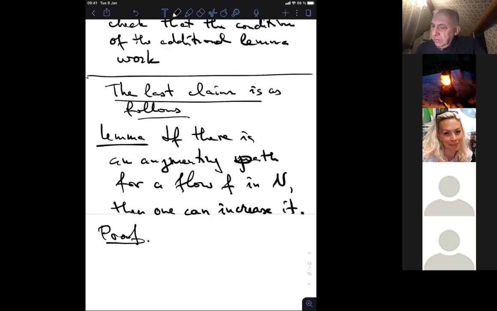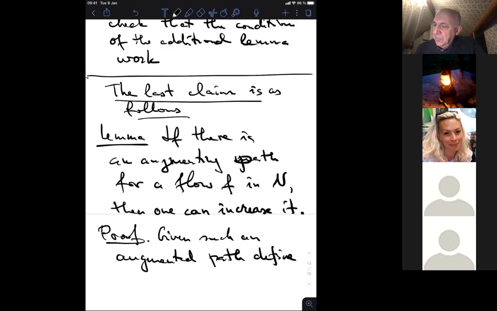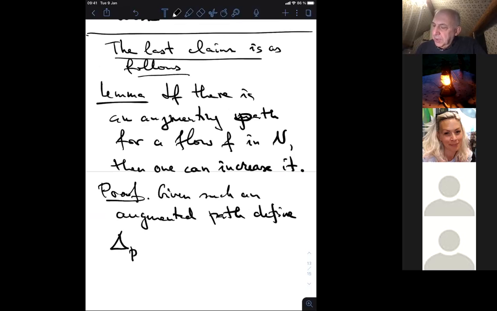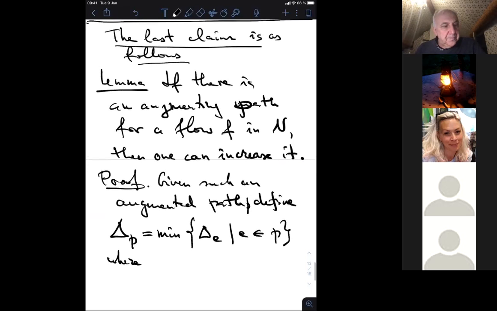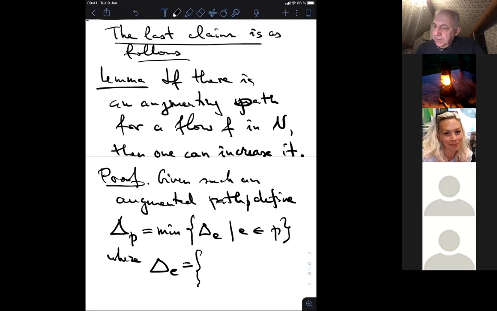Given such an augmenting path, define delta sub P, for the path P. Define delta P as the minimum over all edges e belonging to our path of delta e, where delta e is defined as follows: if we have a forward edge, we just take the capacity of the edge minus the flow.